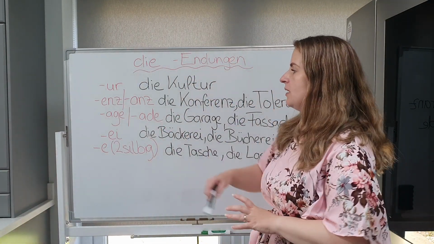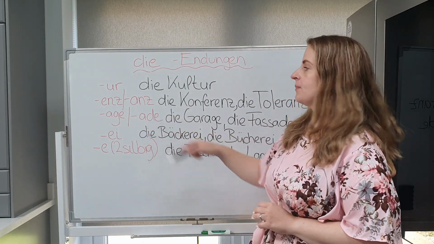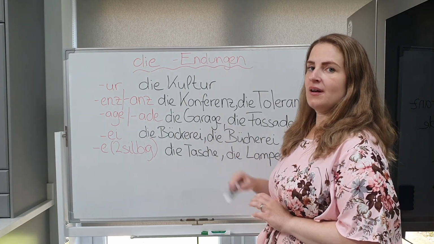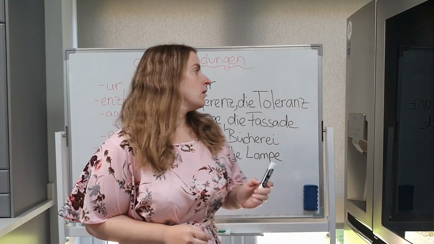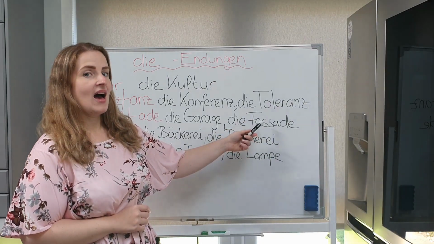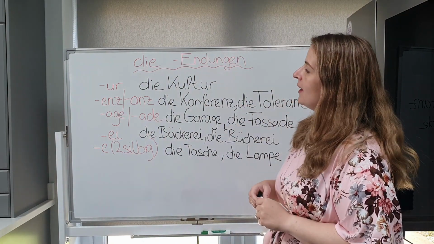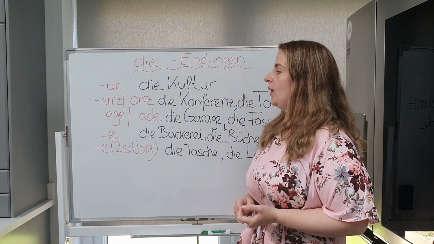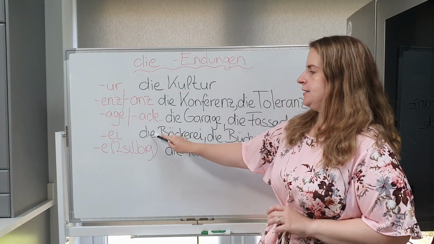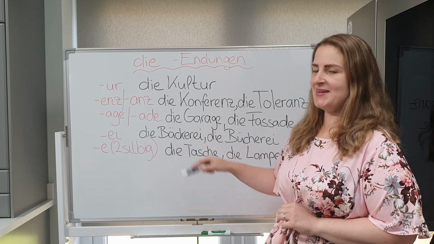Nouns ending with -age or -ade. For example, die Garage, the garage. Die Fassade, the facade of a house, for example. Nouns ending with -ei. Very important in Germany. Die Bäckerei, the bakery. It's delicious in Germany.